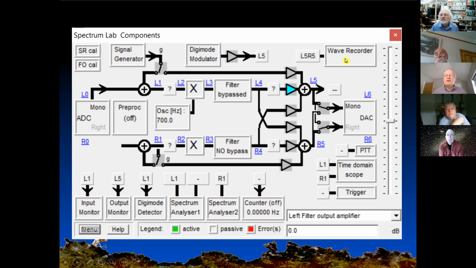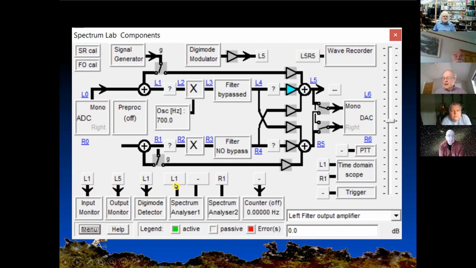We have a sound recorder, we have a signal generator, and we have a number of other processes. We have a number of points in the signal path that are labeled L0 to L6 and R0 to R6, and we can connect these instruments to any one of those points.